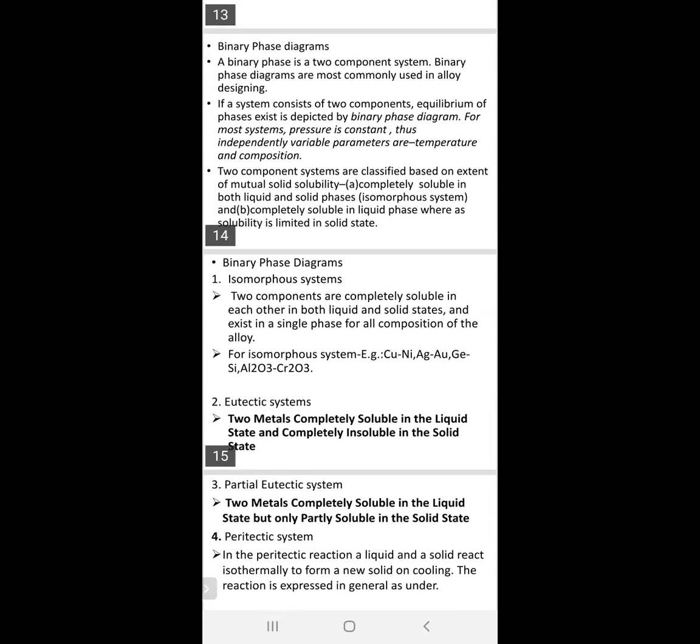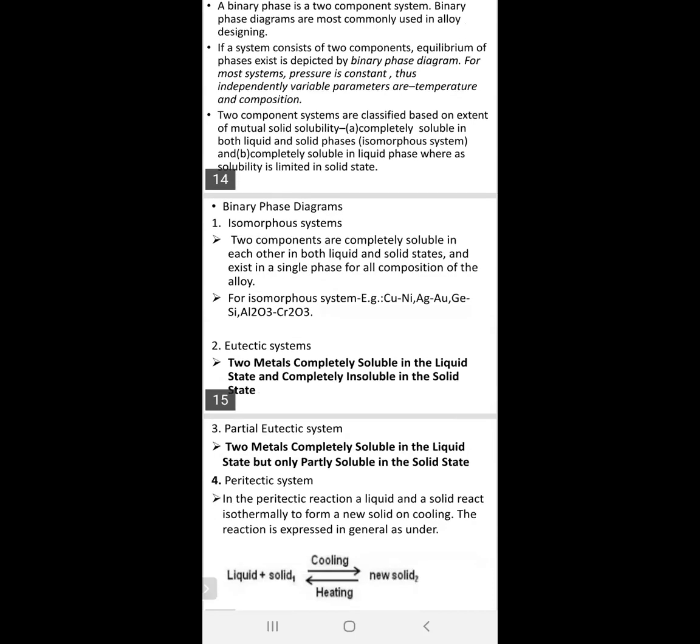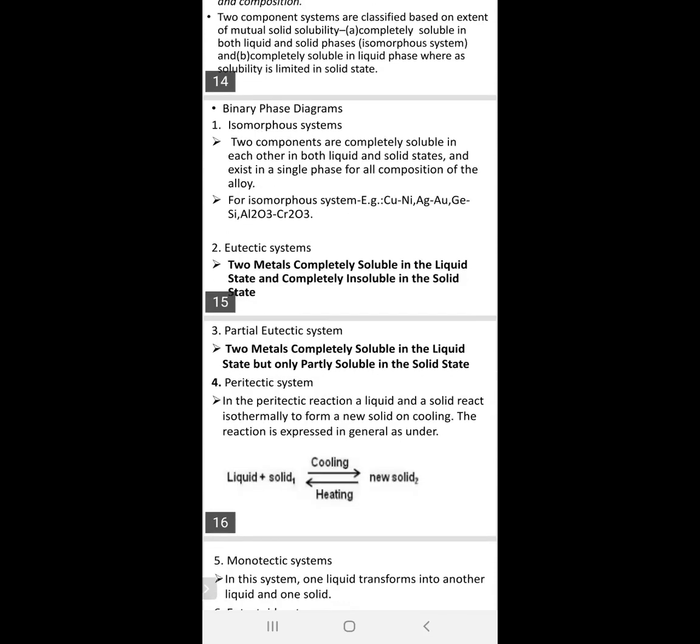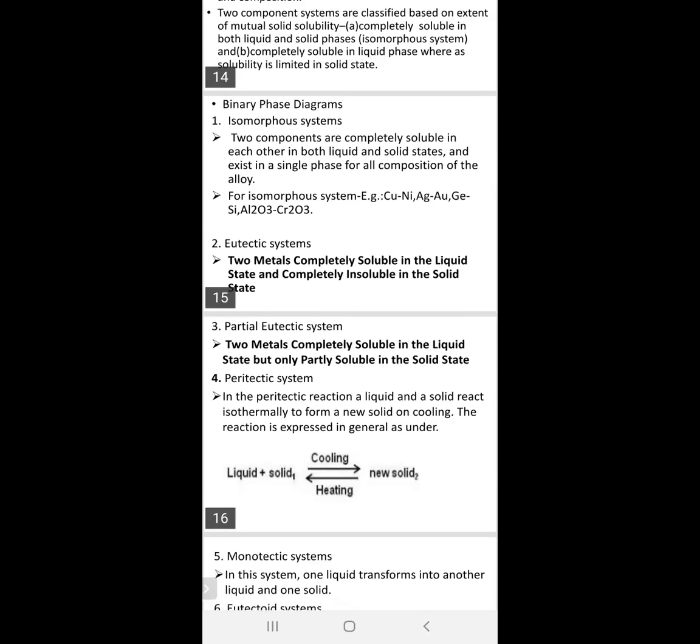Eutectic system means two metals are completely soluble in the liquid state and completely insoluble in the solid state. Partial eutectic is the same way: two metals are completely soluble in the liquid but only partially soluble in the solid state.